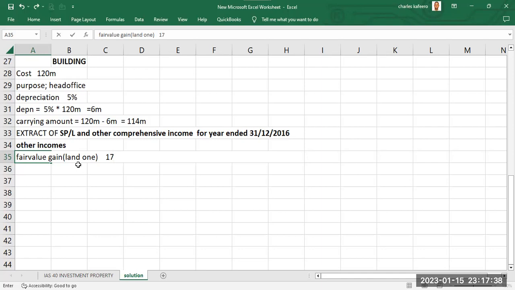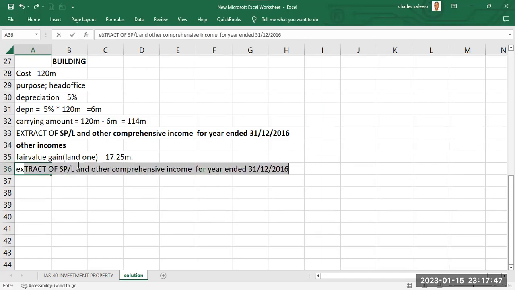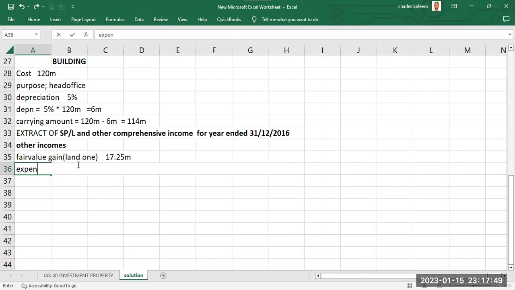The figure was 17.25 million. Then we look for the expenses.